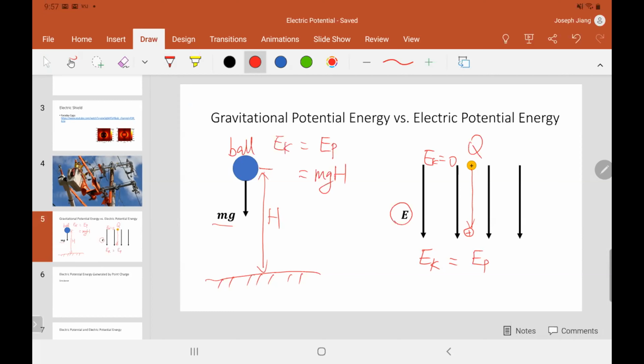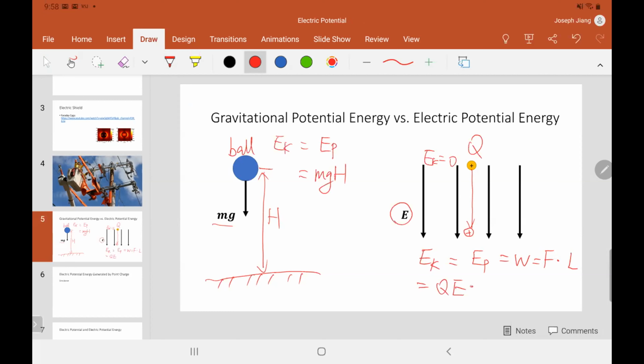And now we want to find a way to define the electric potential energy. The electric potential energy actually depends on how much work the electric field does on this charge. So we know the work done by the electric field is equal to the force times the distance, right? The force on the positive charge is the charge times the electric field.